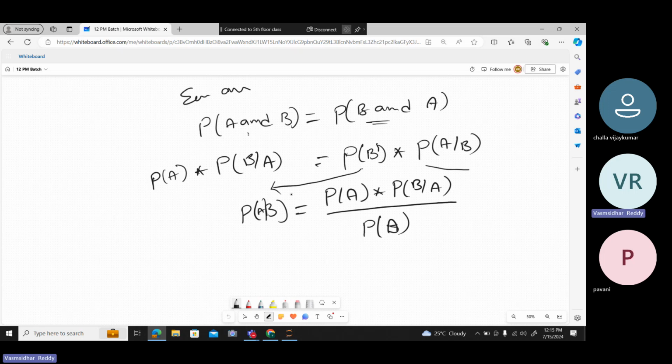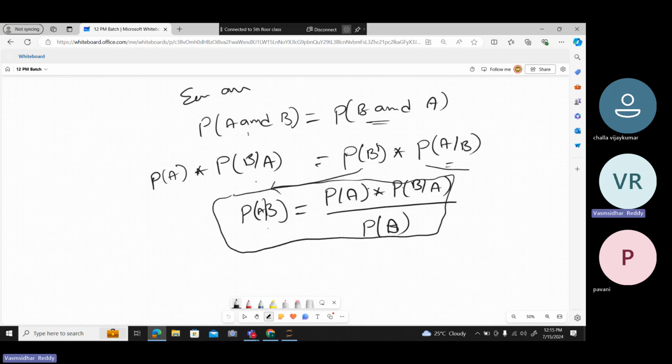The multiplication on the left-hand side goes to the other side as division. So P of A by B equals P of A into P of B by A divided by P of B. Understand?